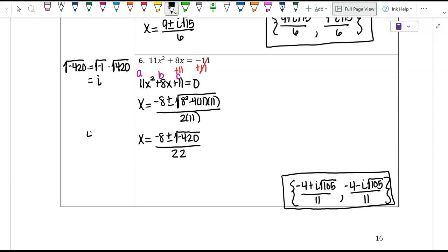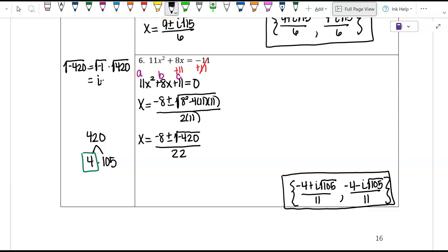And then I need to do a factor tree of 420, and I'm looking for those perfect squares. I have a long list on this one. I'm not going to write them all out. 420 is quite large here, but you should have found that this is 4 times 105. So 4 is my perfect square.